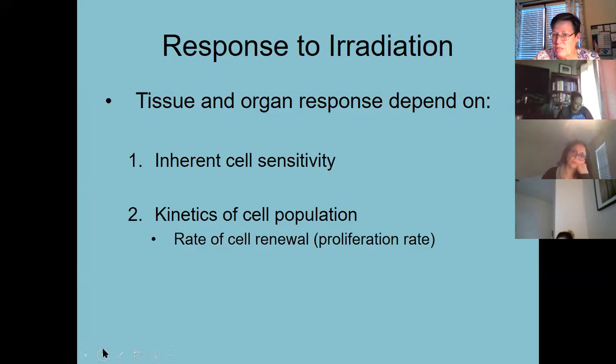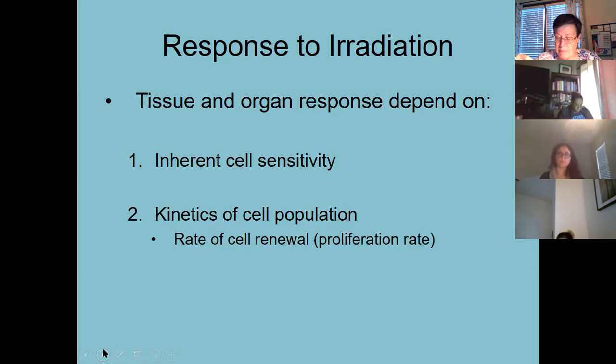Cell populations that are rapidly dividing and poorly differentiated are the most sensitive to radiation, and they will be more easily damaged by radiation. Cells that are highly differentiated and slowly dividing or not dividing at all would be much more resistant to radiation damage.